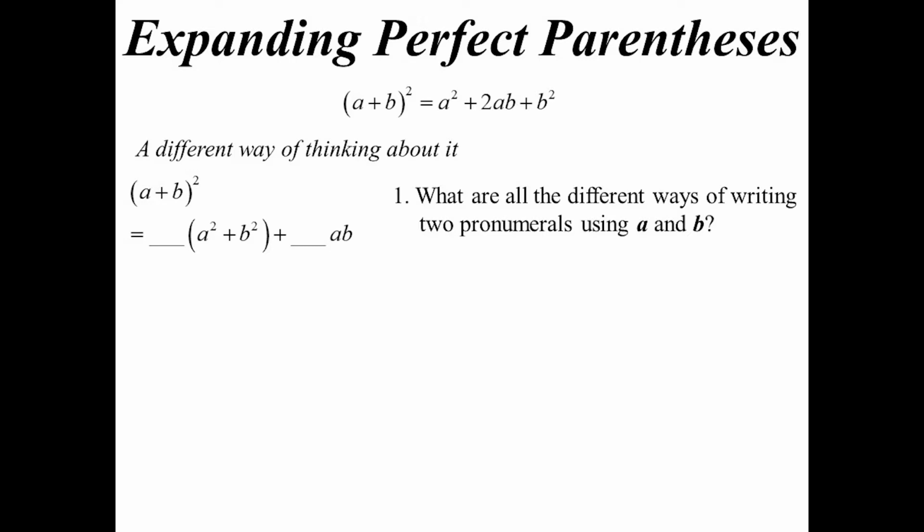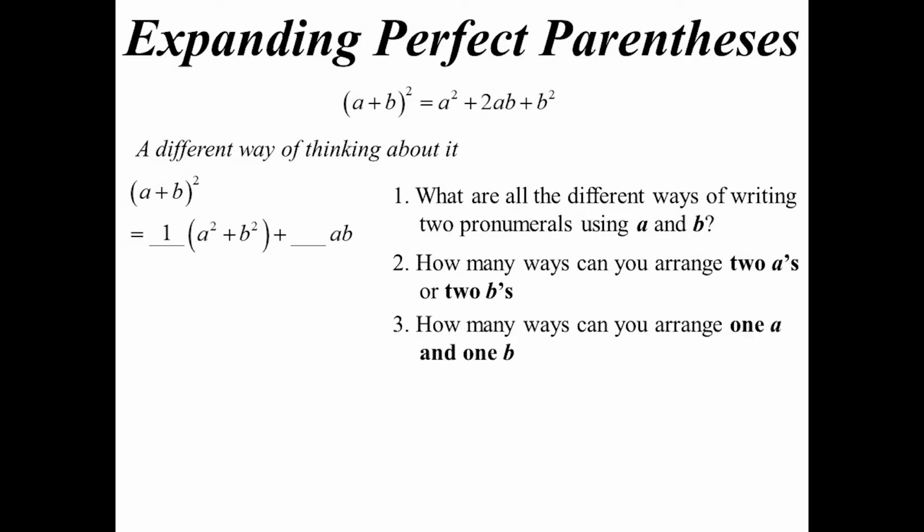So there are all the different ways I could use two pronumerals and come up with a term. The question is, what are the coefficients? So how many ways could I arrange two a's, or two b's? It doesn't matter which way. Well, there's only one way of doing that: aa. Well, how many ways could I arrange an a and a b?